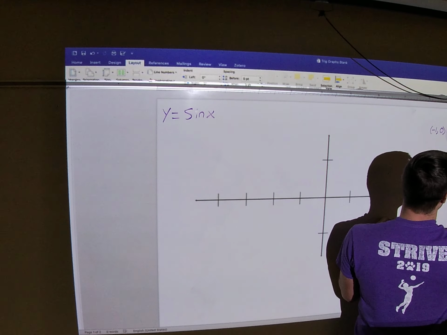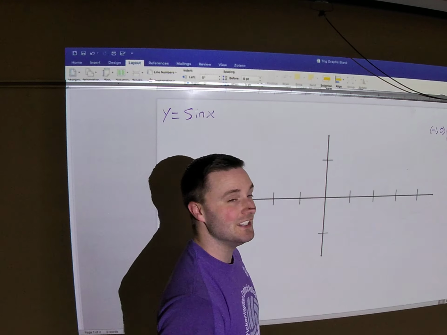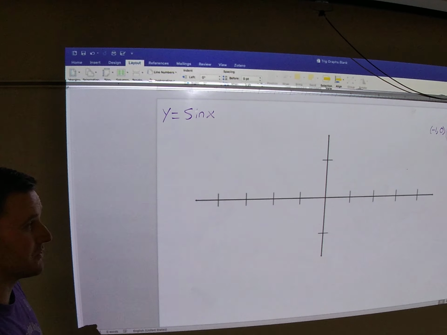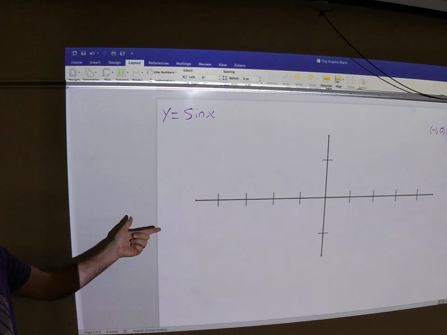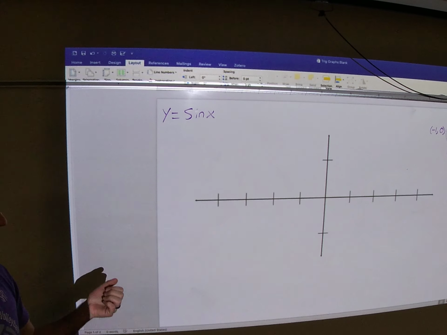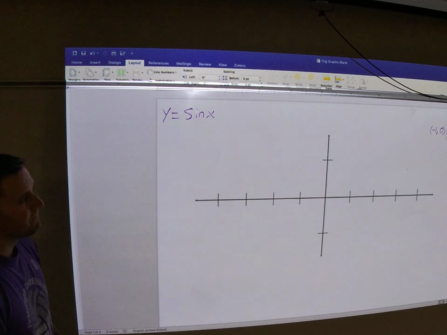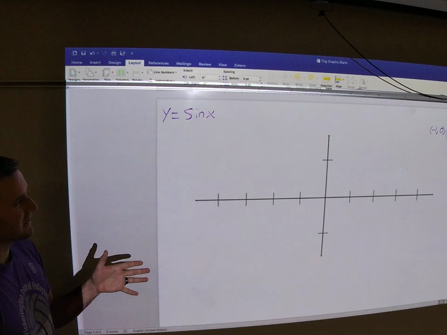And 270 degrees would be 0, -1. We're going to use these 4 points, and really those 4 points only, to help us graph the sine function, the cosine function, the tangent function, and we'll see how those functions help us graph their reciprocals, cosecant, secant, and cotangent.